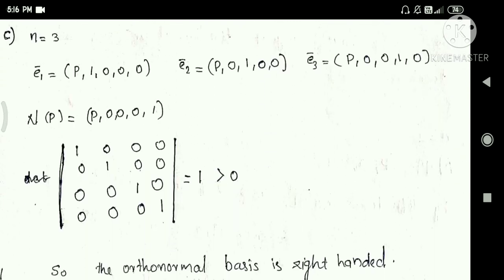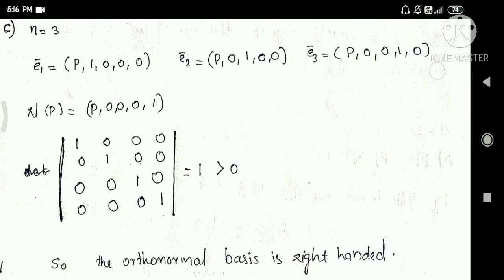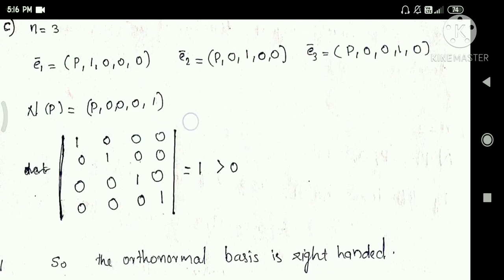Now, at last, we want to show that the given orthonormal basis is right-handed. For that, consider E1 equal to P1 0 0 0, E2 equal to P0 1 0 0, E3 equal to P0 0 1 0, and n of p equal to P0 0 0 1.